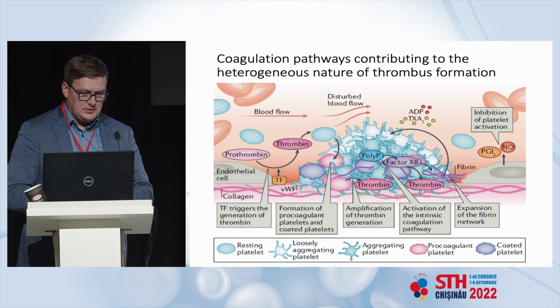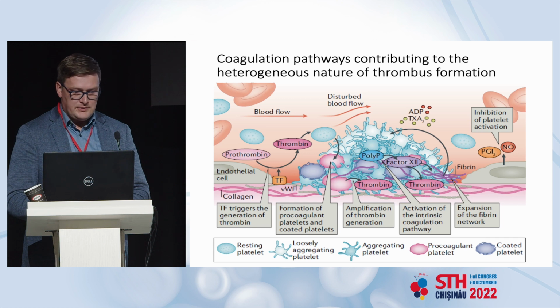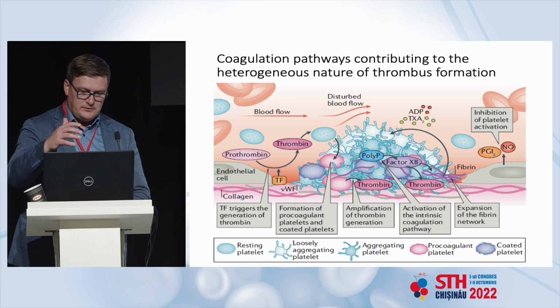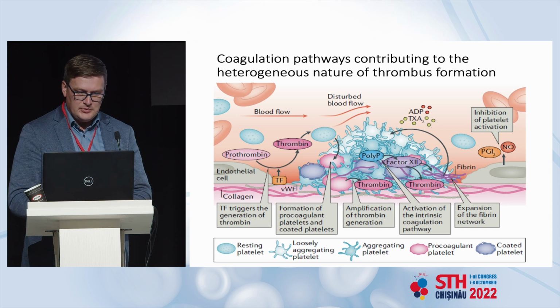So again, we have tissue factor which triggers the generation of thrombin. We have formation of procoagulant platelets and coated platelets, amplification of thrombin generation, activation of the intrinsic coagulation pathway via factor 12, the expansion of the fibrin network and the security from inhibition of platelet activation.